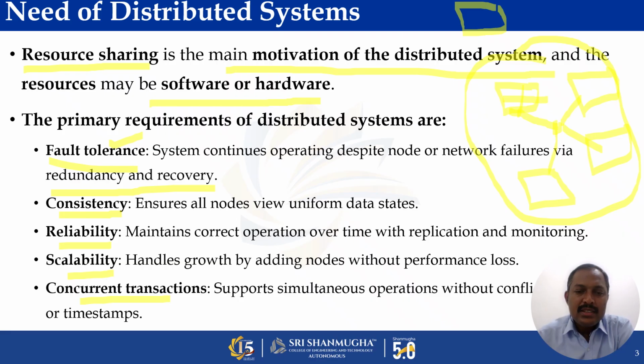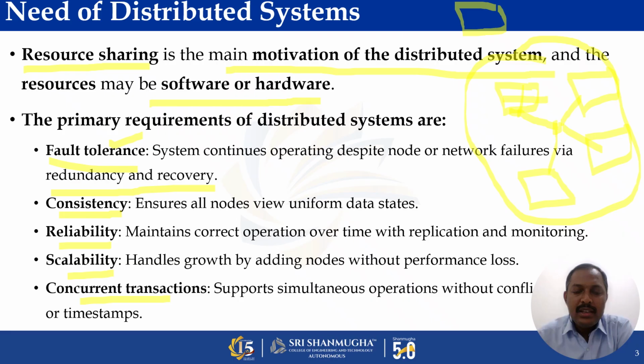Next, consistency. It ensures all nodes view uniform data states. Multiple systems are going to access data commonly, so this data needs to be consistent. Next, reliability. It maintains correct operation over time with replication and monitoring.